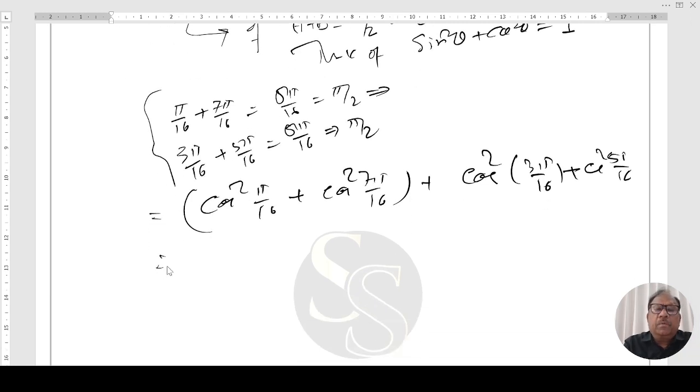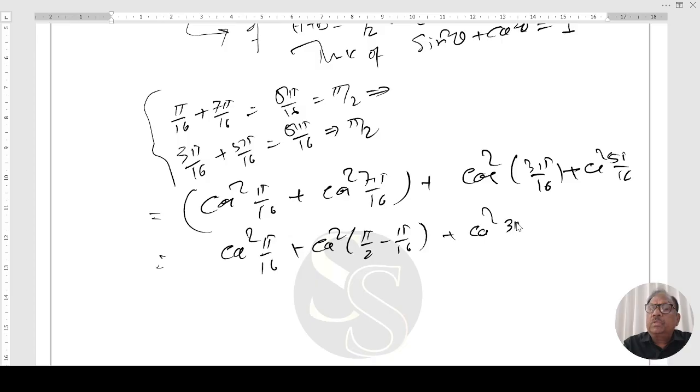This can be written as cos square pi by 16 plus cos square pi by 2 minus pi by 16, plus cos square 3 pi by 16 plus cos square pi by 2 minus 3 pi by 16.